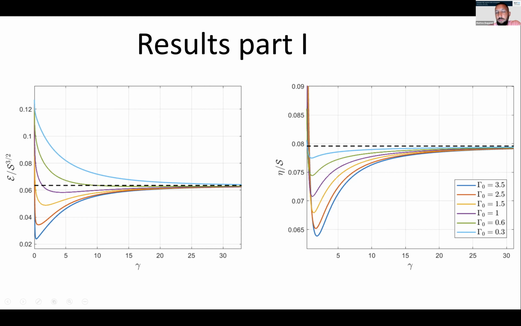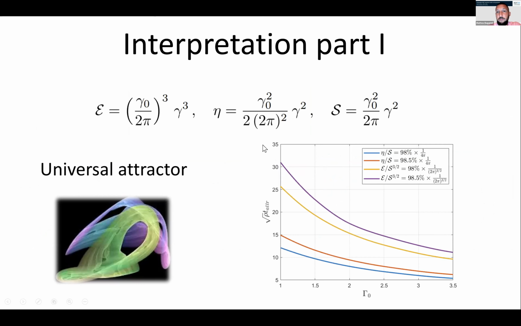Okay. So this was kind of surprising for us because we were not expecting this kind of non-linear time evolution to always go to the same value, or not even go to a constant. It was not clear why they should go to a constant. We tried to explain this in terms of a universal attractor that is emerging.